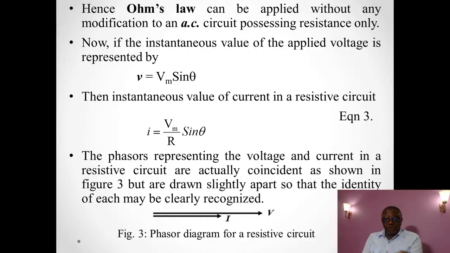But just to be able to identify the magnitude of the current and the magnitude of the voltage, they are drawn very small space apart, as you can see in fig 3. So the voltage is always higher than the current because the resistance is what makes the value of the current not to be equal to the value of the voltage.